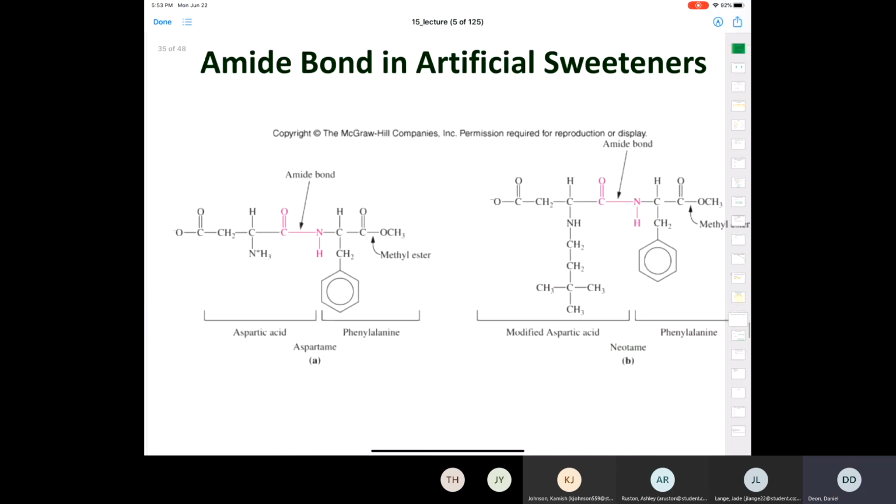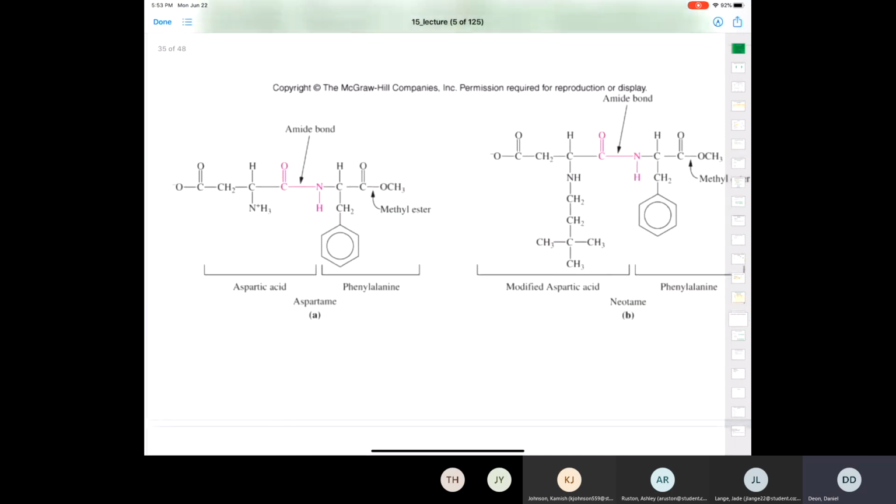What else? There's an amide bond in artificial sweeteners. Here's aspartame. I'm sure everybody here has consumed aspartame at some point in their life if you've ever had diet soda, or delicious Coke Zero or something. So when you get an email from an aunt or something who says aspartame is going to kill you, you just say, well, aspartame is actually made up of 2 amino acids which are found in the human body.